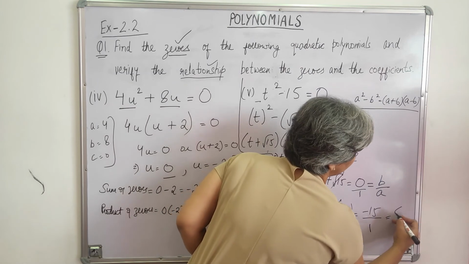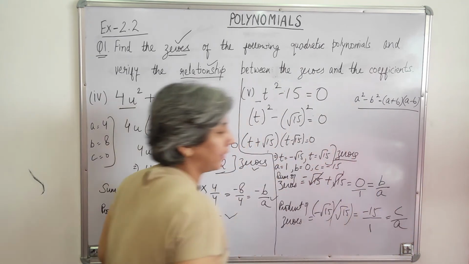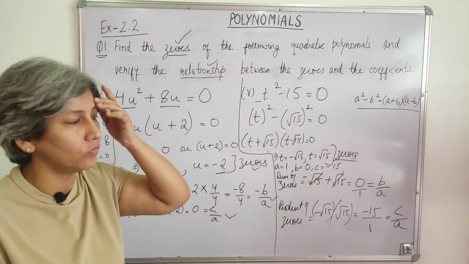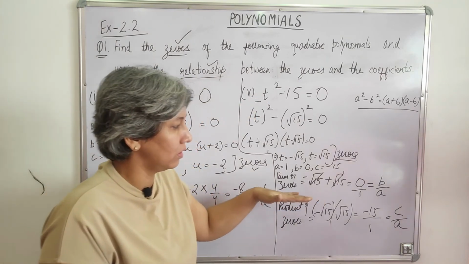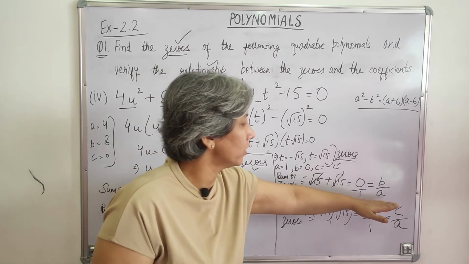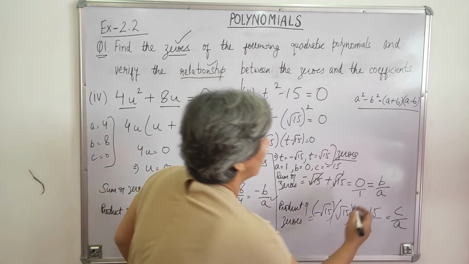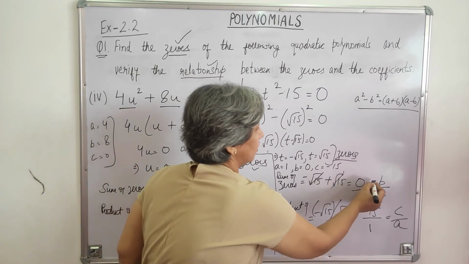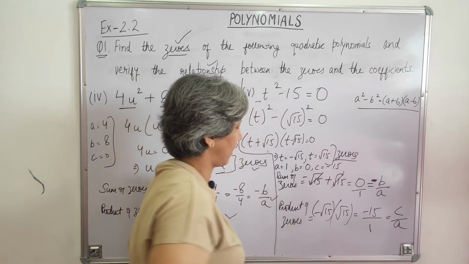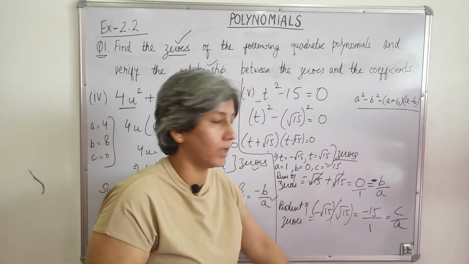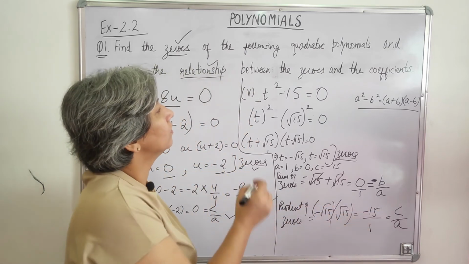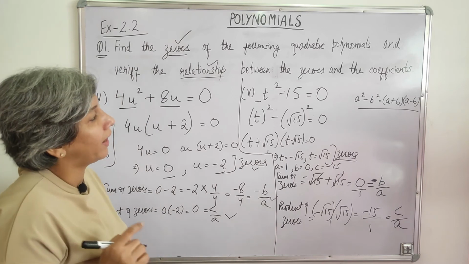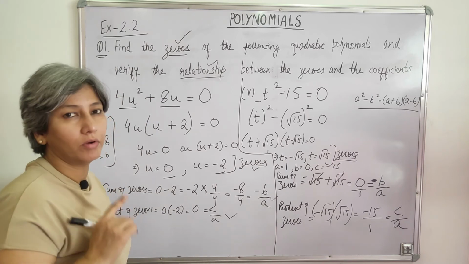So this is nothing but c by a. So aren't my relationships established between zeros and coefficient for this equation? They are. Sum of zeros, I've reached to minus b by a. I'm so sorry, 0 is like minus plus, it doesn't matter. And product of zeros is c by a, right? So here is my relationship established. And zeros we've got for question number 5th.